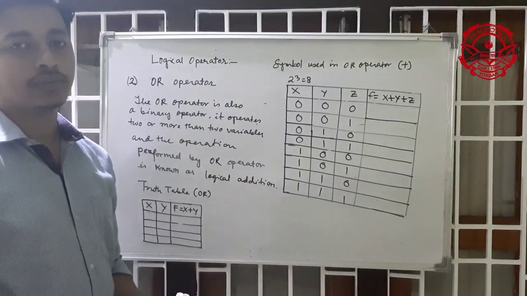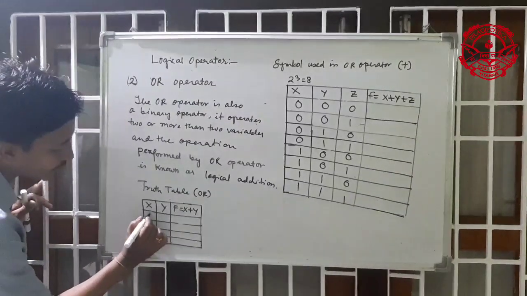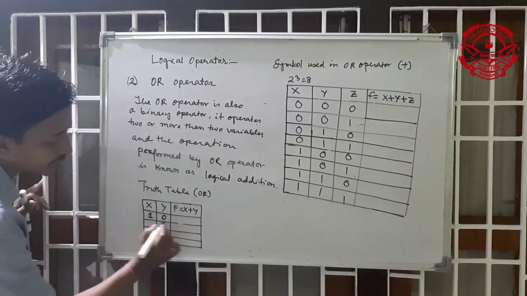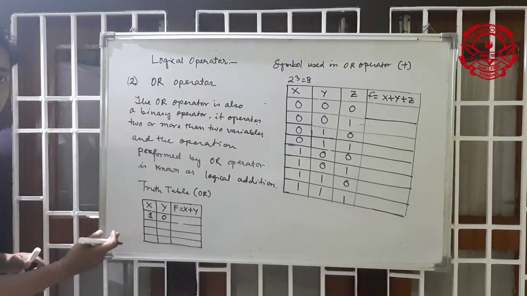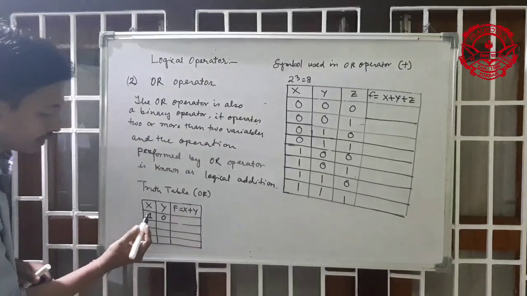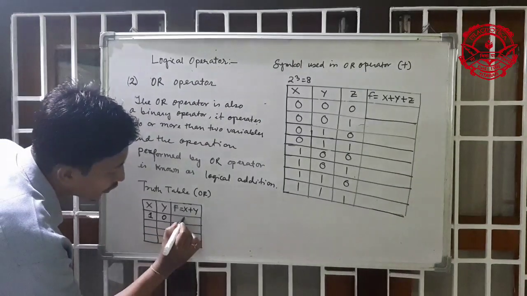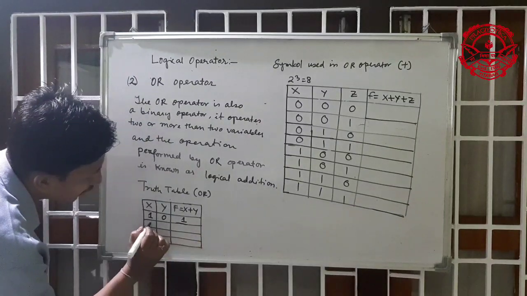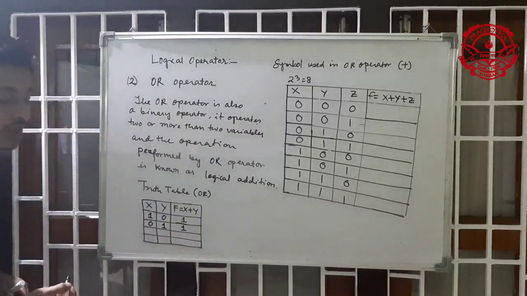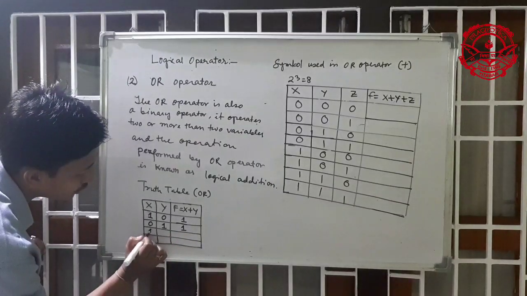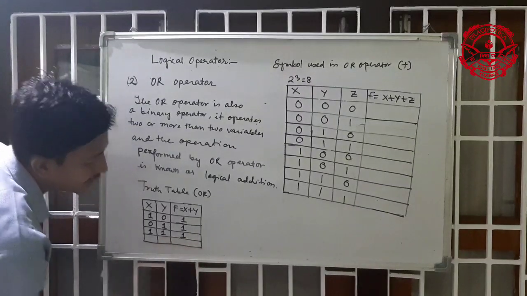If x is true and y is false, the answer is true, because one expression is already true. If x is false and y is true, definitely true. If x is true and y is true, definitely the result is true.